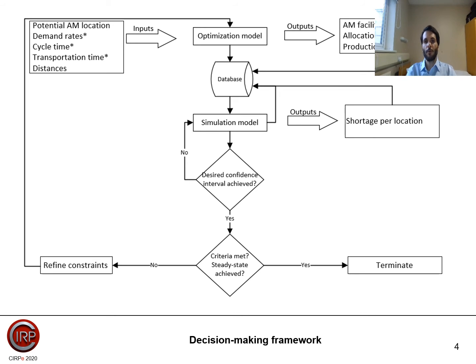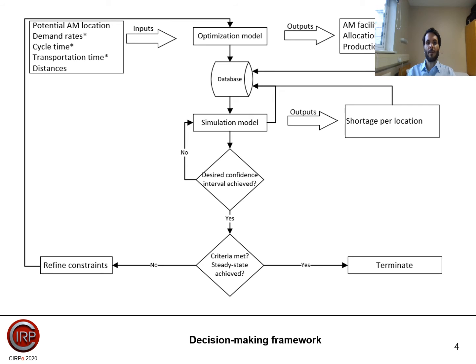Then the simulation model, after performing several replications, sends the feedback to the optimization model through the shared database for the chosen performance criteria, which in this instance is the frequency of the occurrence of unmet demands or inventory shortages.